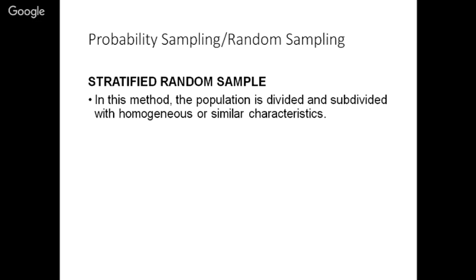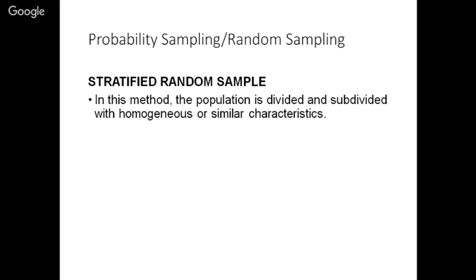Next is stratified random sampling. In this method the population is divided and subdivided into groups with homogeneous or similar characteristics. It is an attempt to design a more efficient sample compared to the simple random technique.